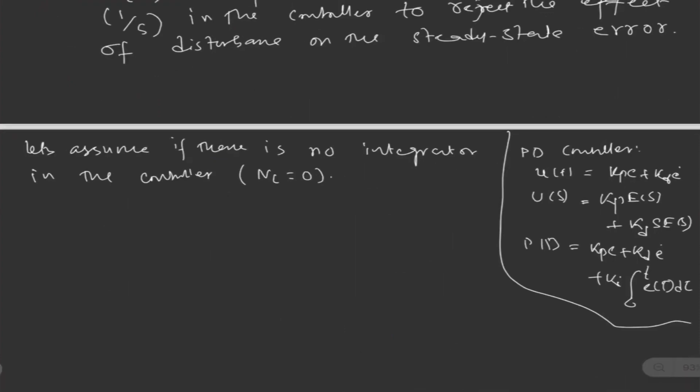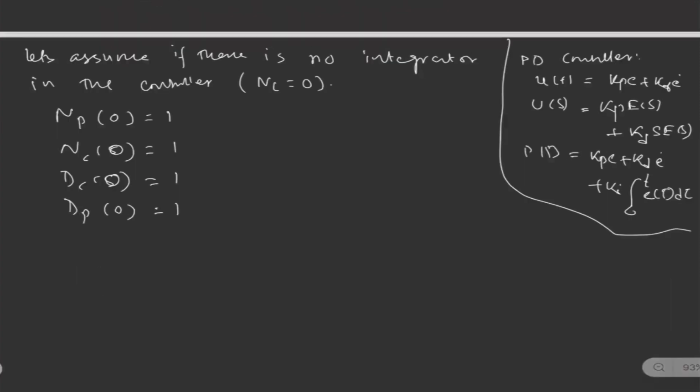So let me write N_P(0) equal to 1, N_C(0) equal to 1, s equal to 0 if you substitute, and D_C(0) equal to 1, and D_P(0) equal to 1.